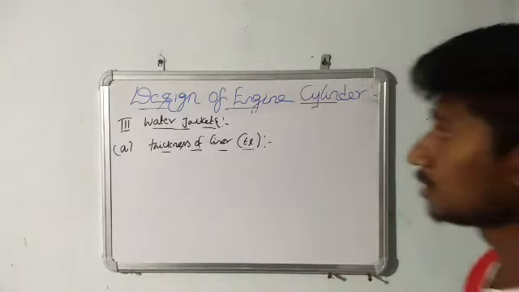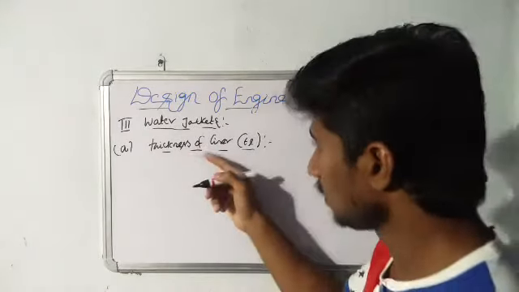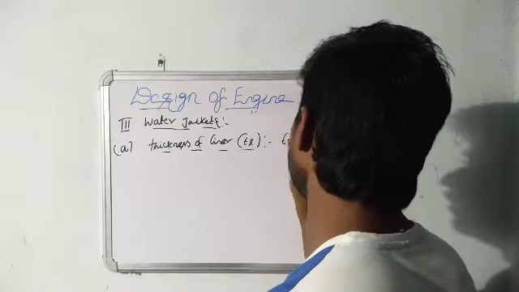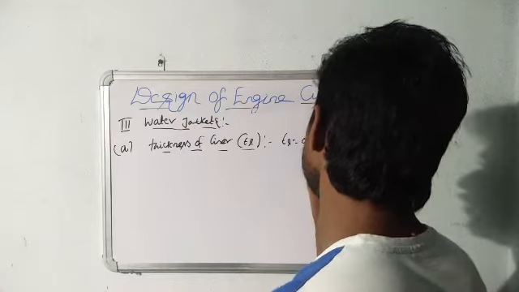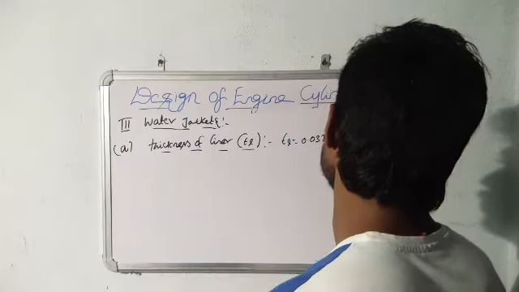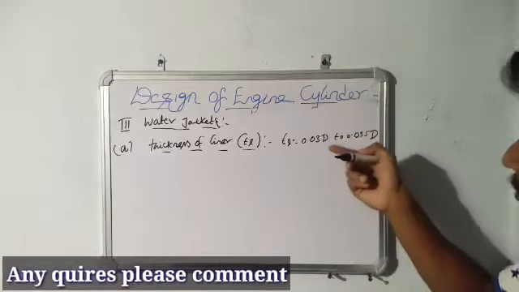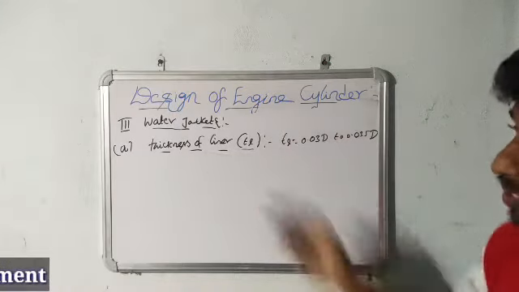It is the first minor step in the water jacket's design. It is denoted by tL. The tL is equal to 0.03 times D to 0.035 times D.